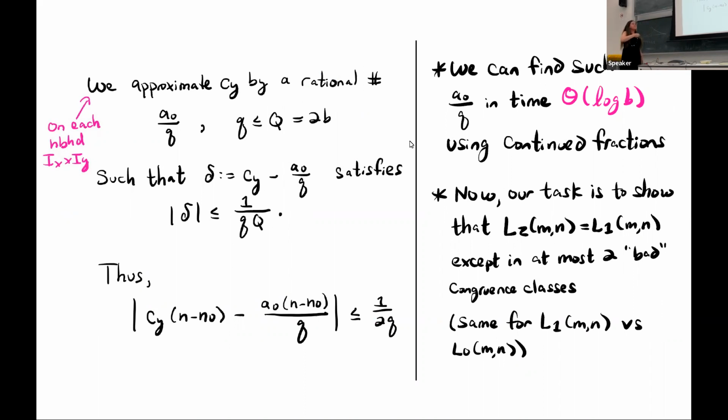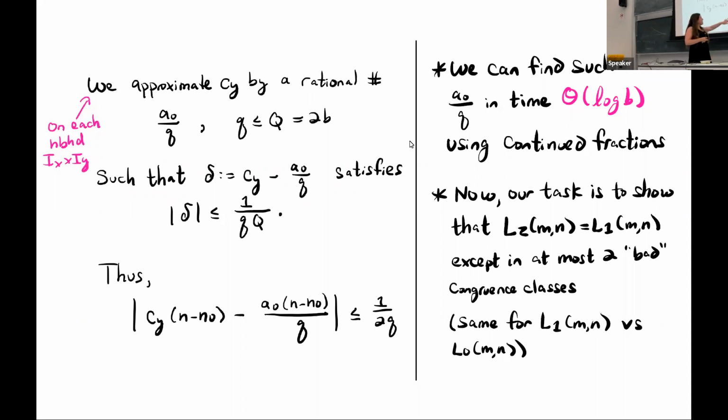Rather than having the C sub y that we started with, we get fractions a naught over q, where this q is smaller than whatever denominator we had. This is easier to work with as we solve the problem mod q, looking at the difference between L1 versus L0 or L2 versus L1. All this is saying is that I can efficiently, in time about log of the size of my interval, find such an a naught over q that is pretty close to the C sub y from my local linear approximation.